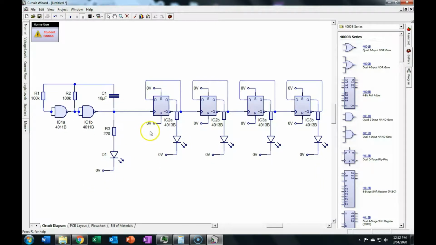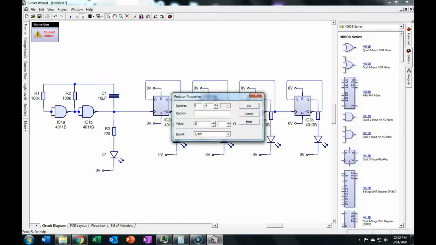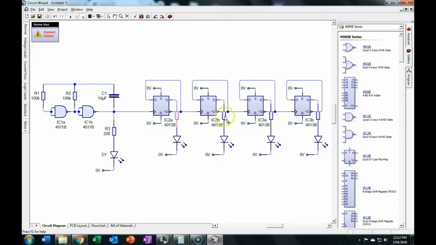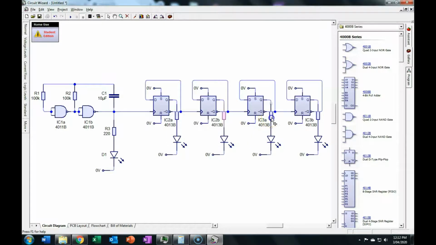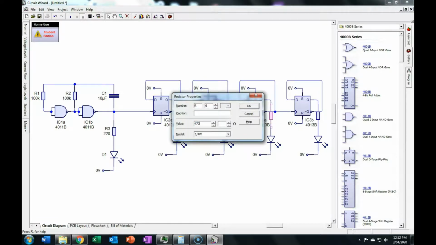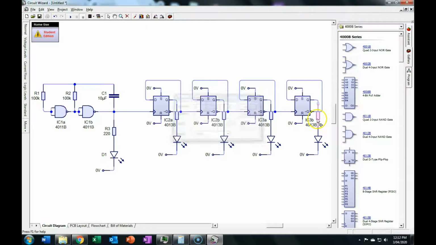Okay. So some of the things that we can do to try and improve this is, let's change all these resistor values. Let's make it 470s. One of the limitations on the simulation is that they use the component maximum values listed, which are usually quite conservative.